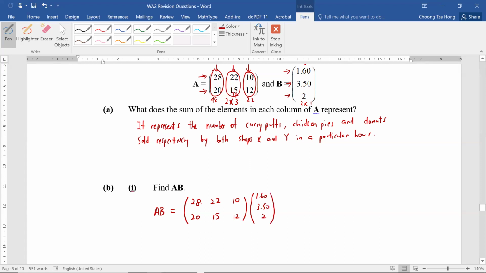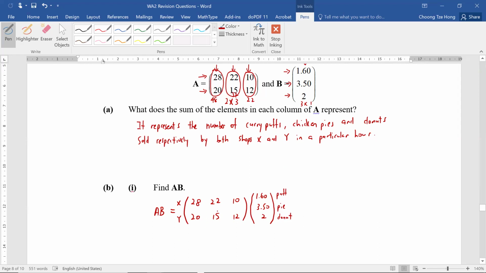Usually I like to label what the rows of matrix A represent. The top row is the number of different pastries sold by shop X. Then the bottom row is the number of pastries sold by shop Y. On the second matrix, 160 represents the selling price of the curry puff, 350 represents the selling price of the chicken pie, and $2 represents the selling price of the donut. Now we're going to do the multiplication.